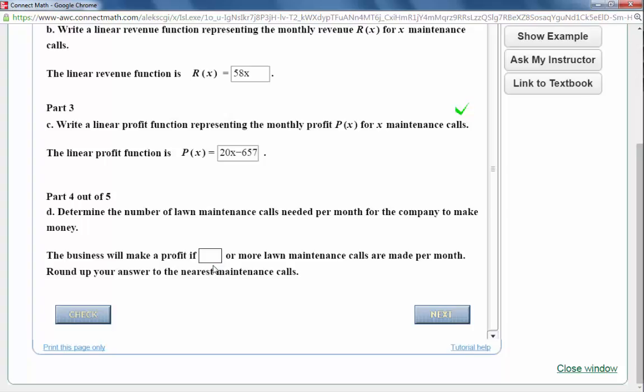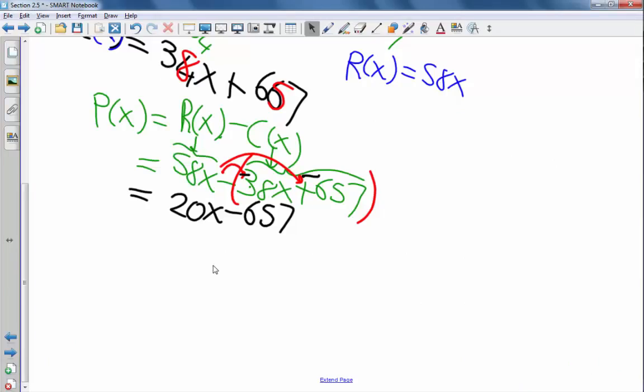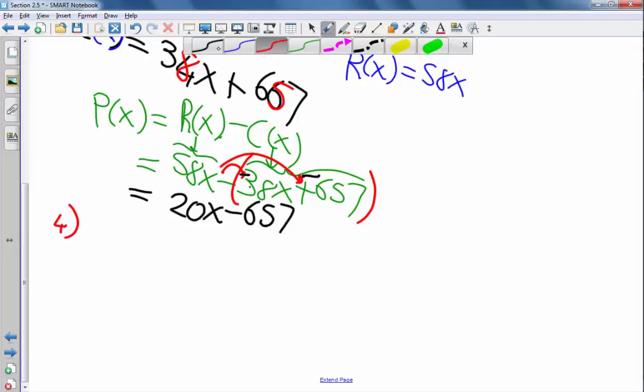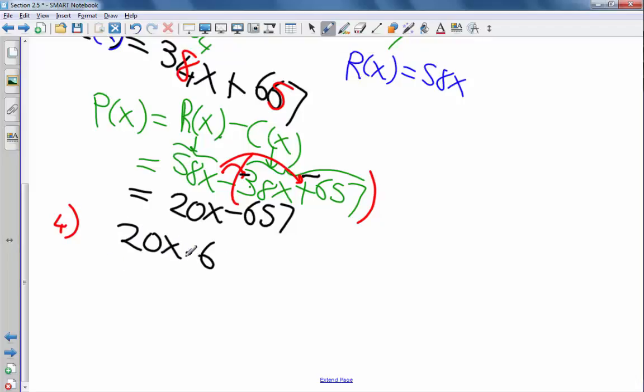Solve for x? But I need an equation first, so you need to set this into something. What do you need to set it into? So this is your formula, profit. So part 4. You take this profit function. Do you want to set it into 0?